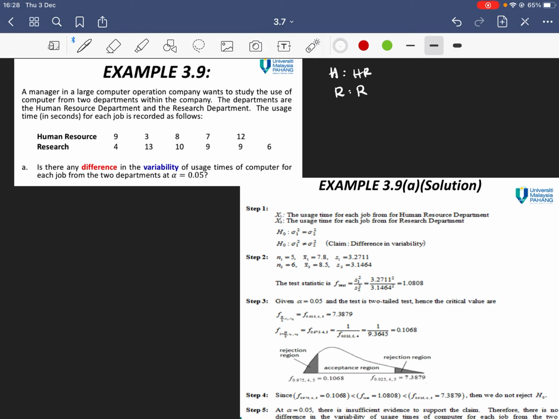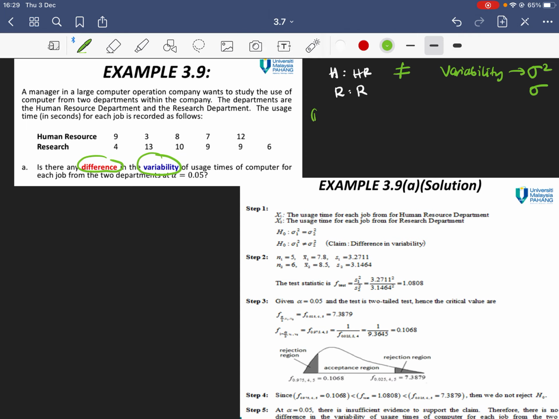Is there any difference? The keyword here is different. Different is not equal in the variability. When we talk about variability, we talk about variance or standard deviation of usage time for each job for the two different departments at alpha 0.05.